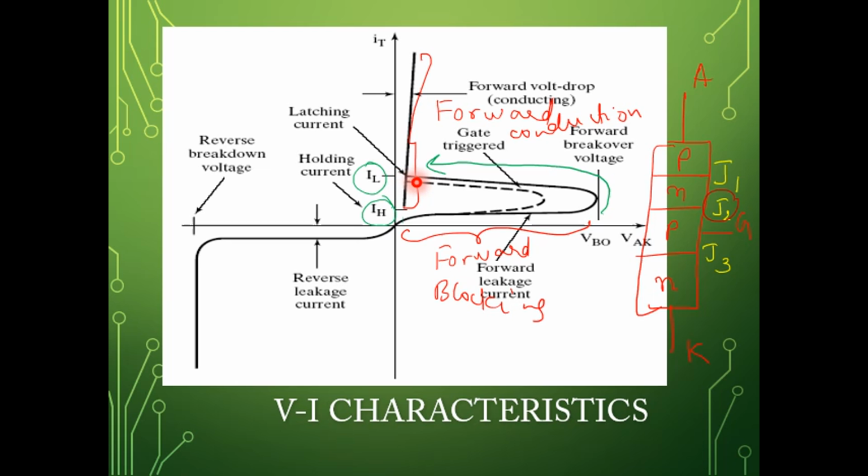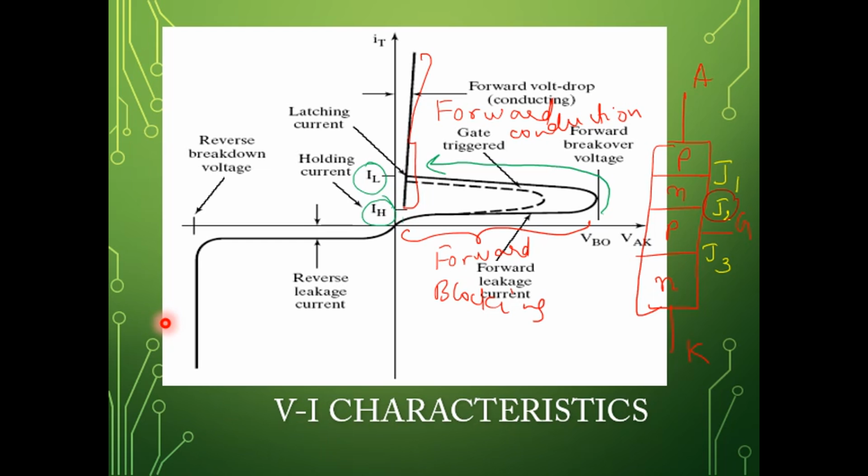Once the device has started to conduct and the anode current is sufficiently high, you can remove the gate signal and the device will conduct on its own. That minimum current required for the SCR to conduct even without the gate signal is called the latching current.